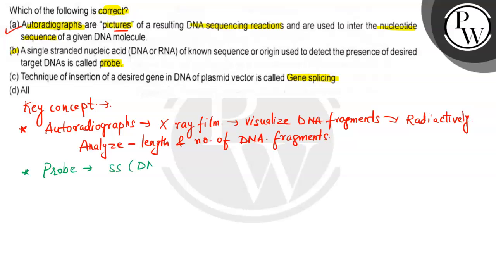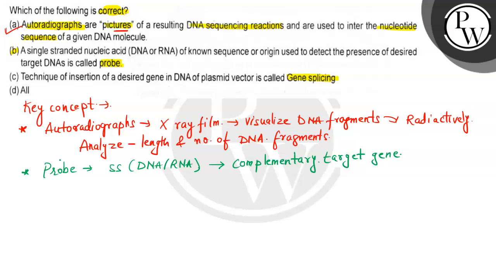It could be a DNA or an RNA molecule. The probe shows complementarity: it has a complementary sequence to the target sequence. So it shows complementarity with whichever target gene or desired gene we have. And how do we find out whether the probe is getting attached to this target gene?